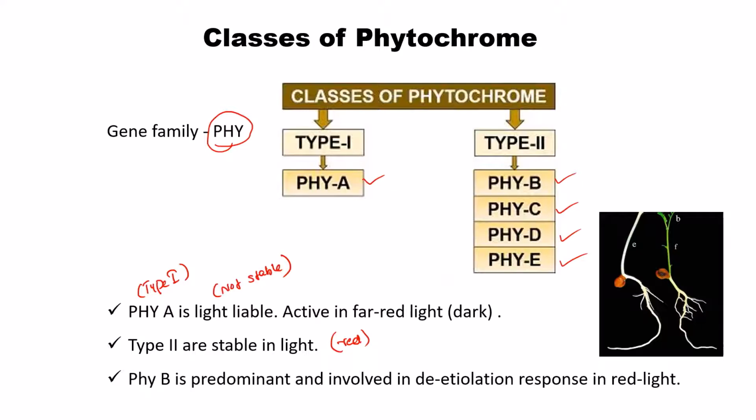And PHYB is the predominant type 2 phytochrome and is involved in de-etiolation response in red light.